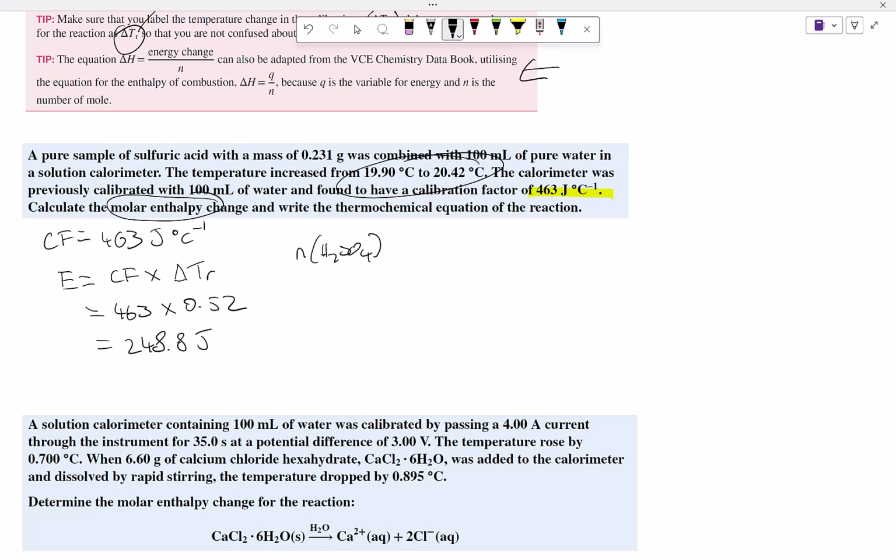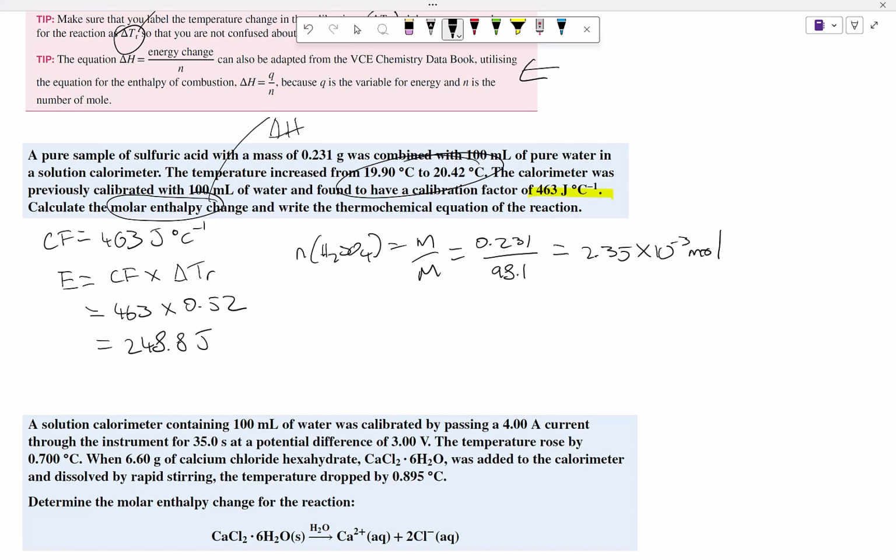Number of moles is going to be mass over molar mass, 0.231 over the molar mass of sulfuric acid, which is 98.1. That'll give us an answer of 2.35 times 10 to the negative 3 mole.